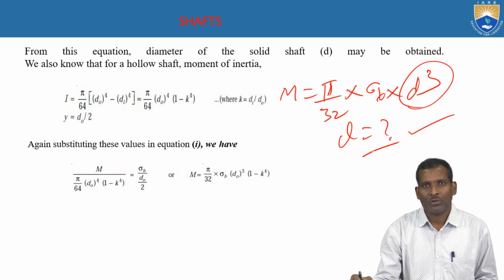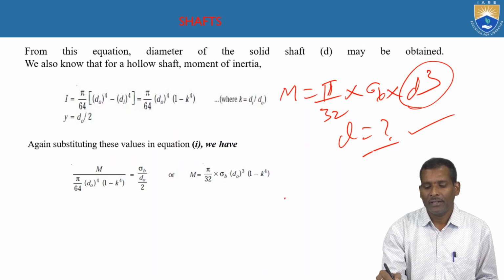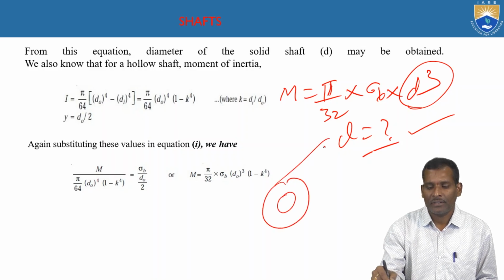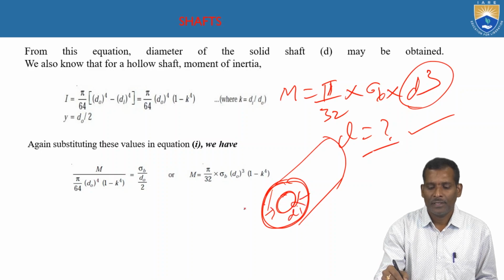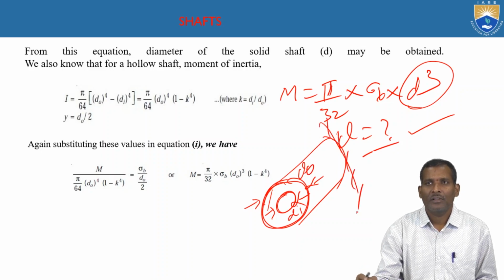In case of a hollow shaft, it has an outer diameter and an inner diameter. Consider the shaft with inner diameter d i and outer diameter d naught. Clear?